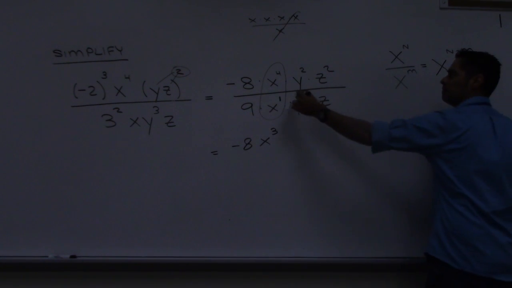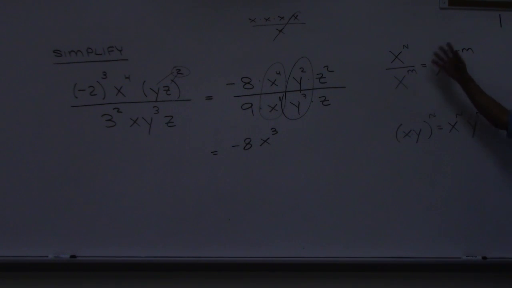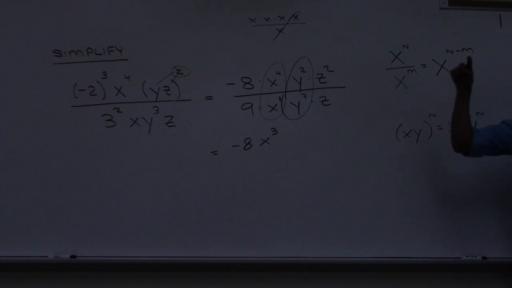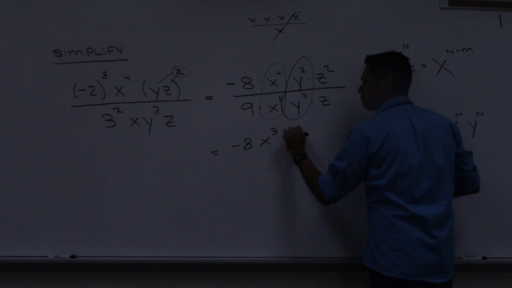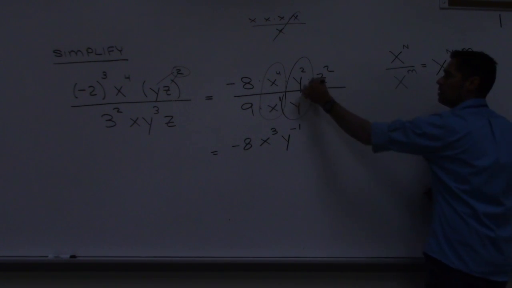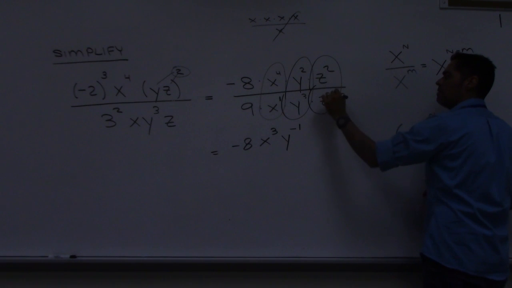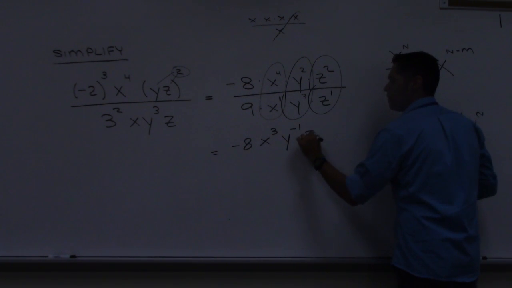How about here? Same property, except with y's. So y raised to the -1, right? 2 take away 3 is -1. And then the last one, z squared over z to the 1st, just z.